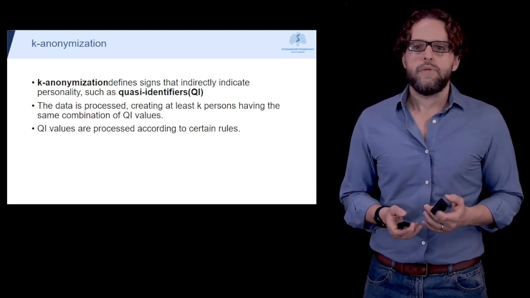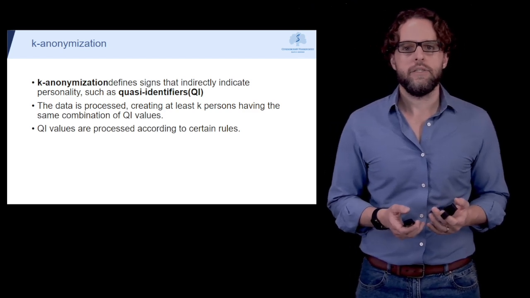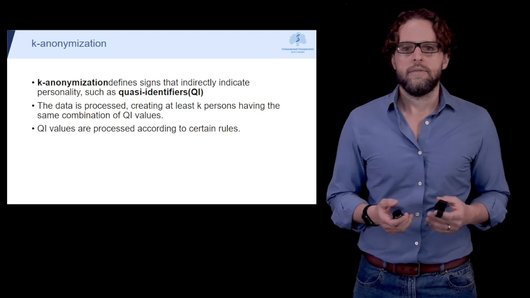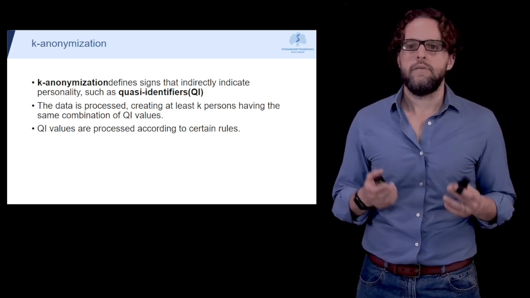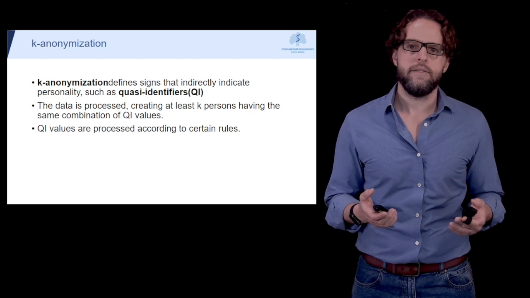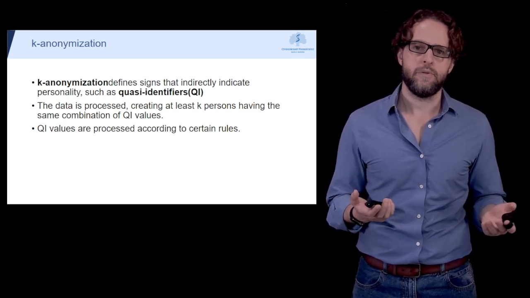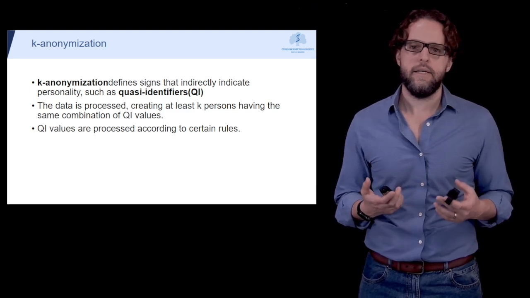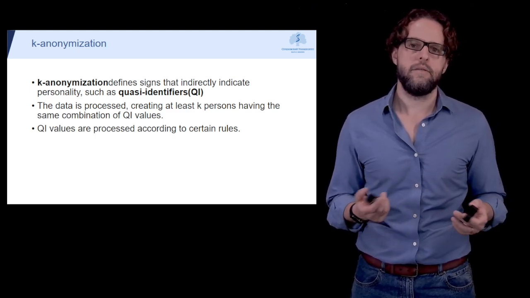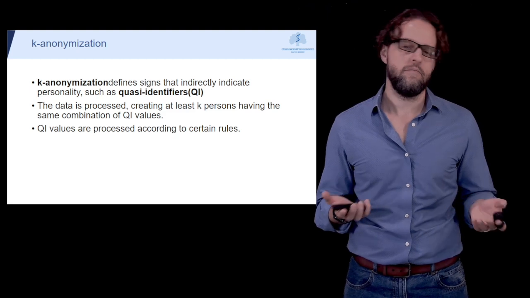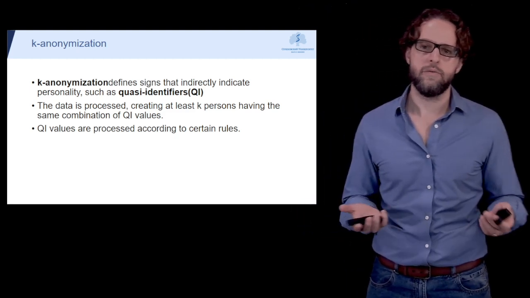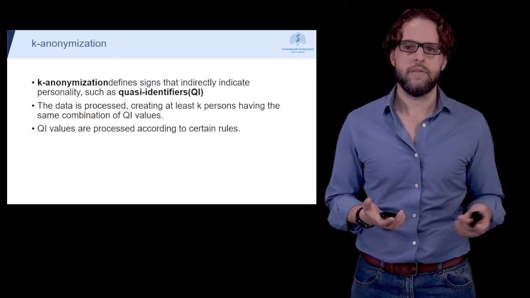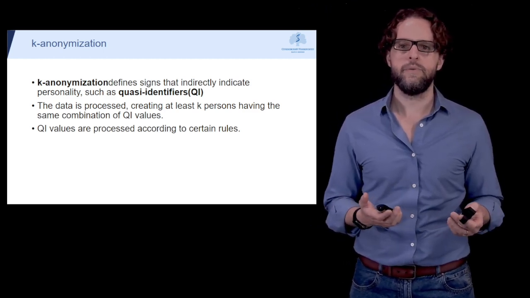Also, we can use K-anonymization. Quasi-identifiers are signs that are indirectly related to a certain person. And this identifier could be a replacement for a real person, and we can use these identifiers for tracking studies and so on.